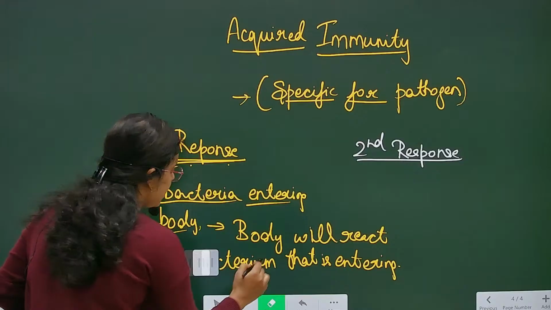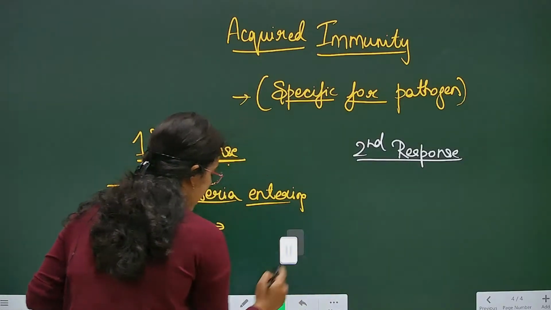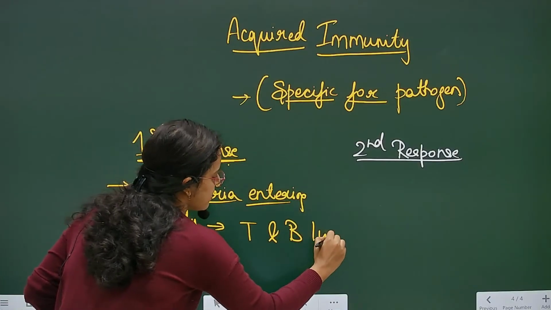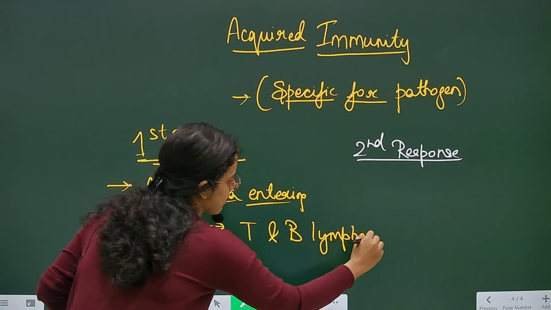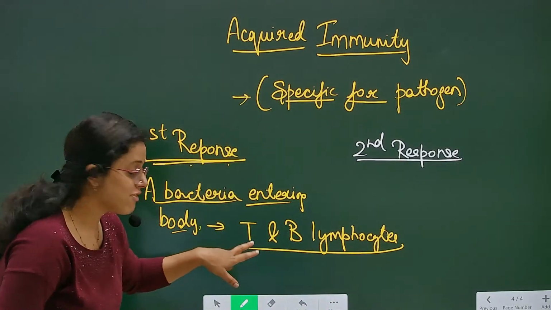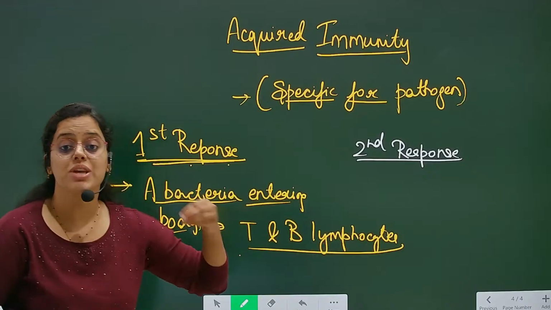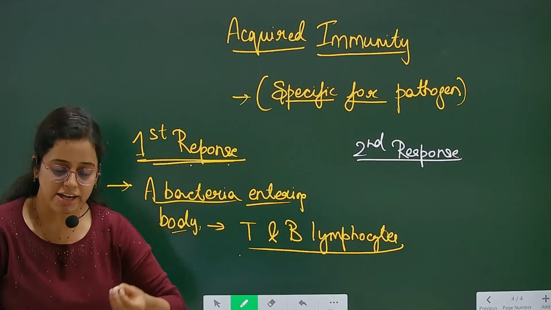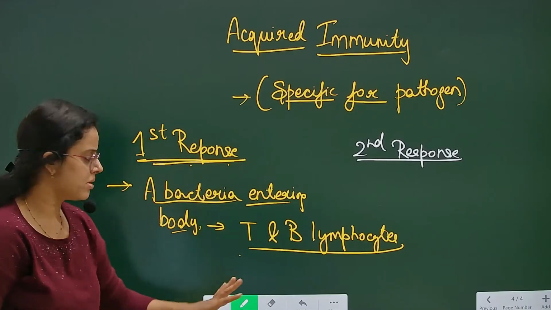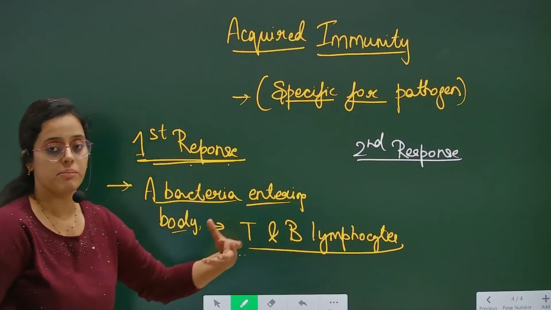By forming T lymphocytes and B lymphocytes. T lymphocytes have memory and B lymphocytes produce antibodies. The structure and role of antibodies we are going to learn in tomorrow's session. Just remember, T lymphocytes and B lymphocytes are formed.